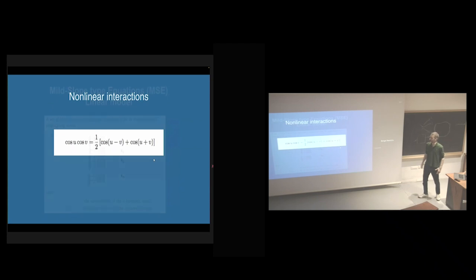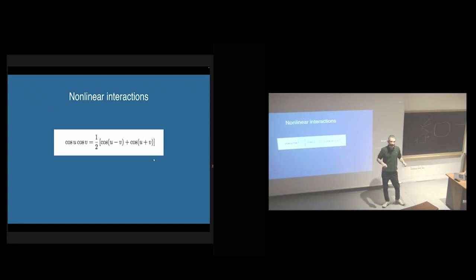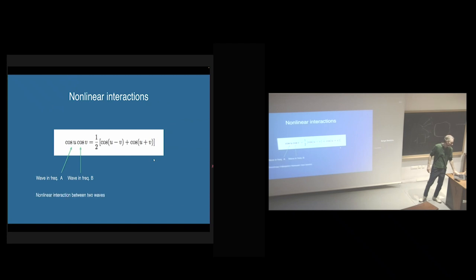Okay, but we have nonlinear effects, yeah? So this is a second equation. We know it from high school, so that's okay. If you multiply a sine, that is the solution of this harmonic oscillator, by another sine, and you have the sum of all of them, each multiplication of these sines will give us a wave in frequency A times a wave in frequency B gives us a wave at the frequency difference.